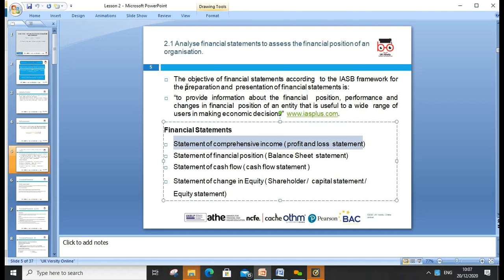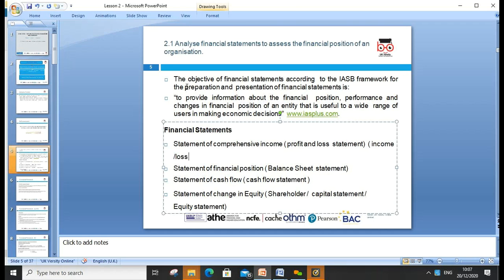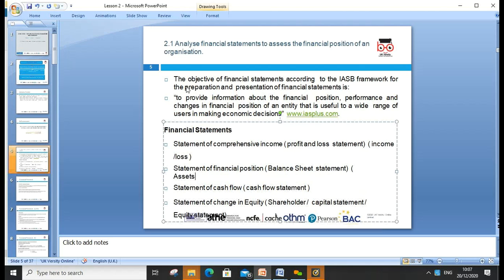So we need to think about this. The financial statements are the profit and loss and the balance sheet. The first one shows income or loss. The second one shows our assets, how much worth of assets the company has, like buildings, plant, machinery, how much liability, how much borrowed money they have, and how much capital they have.